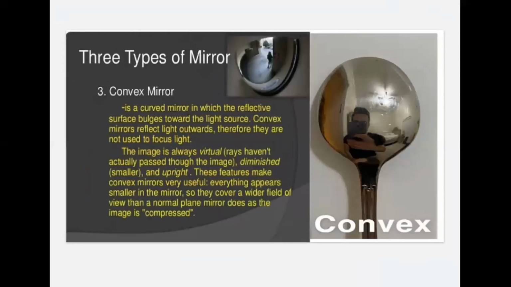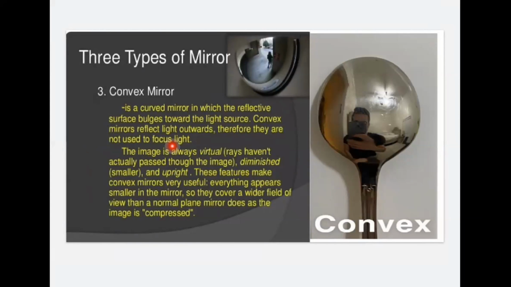Now, when we speak about convex mirror, it is the mirror in which the reflective surface bulges out towards the light source. Convex mirrors reflect light outward, therefore they are not used to focus light. Concave mirrors are used for focusing light, and convex mirrors are not.